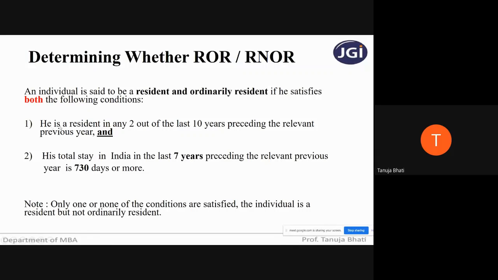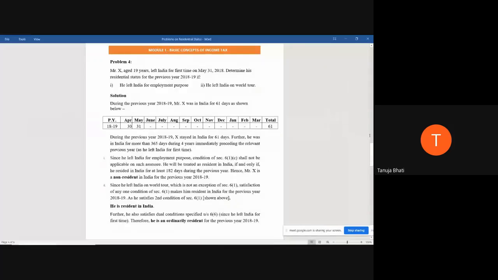So what is the first additional condition? He is a resident in any 2 years out of the 10 years preceding the relevant previous year. Means you leave the relevant previous year, and in the 10 years before that, in any 2 years he is a resident. And his total stay in India in the last 7 years preceding the relevant previous year is 730 days or more. So let us check.